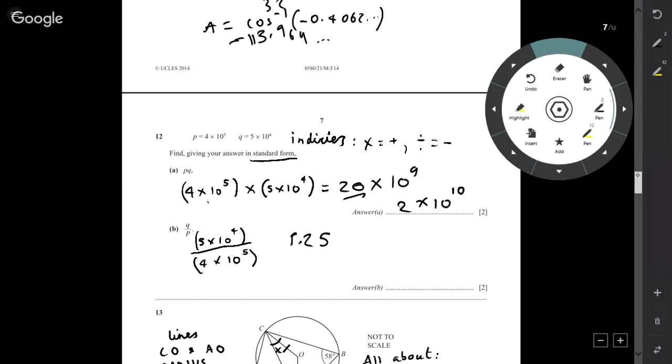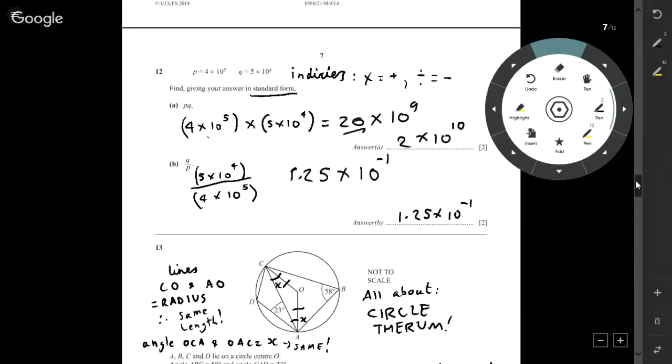And then we've got 4 and 5. 4 minus 5 is minus 1. So this is times 10 to the minus 1. All right, so the answer is 1.25 times 10 to the minus 1.